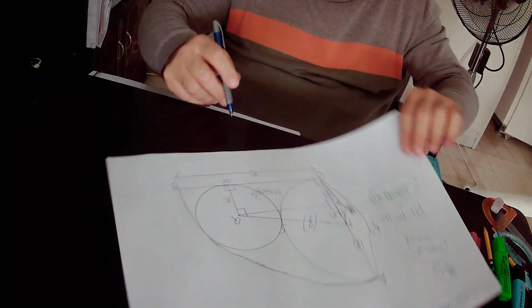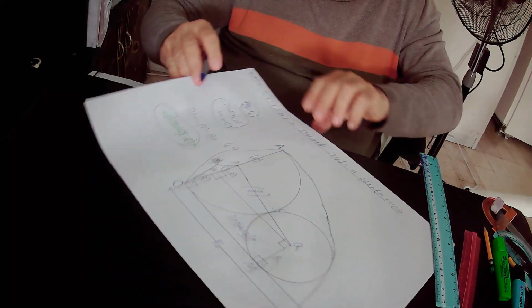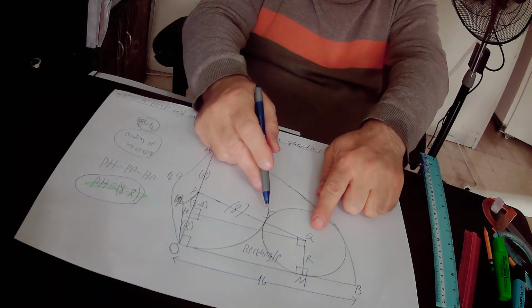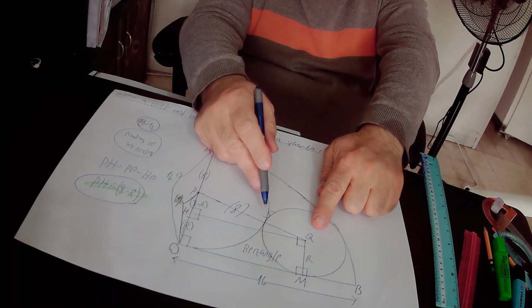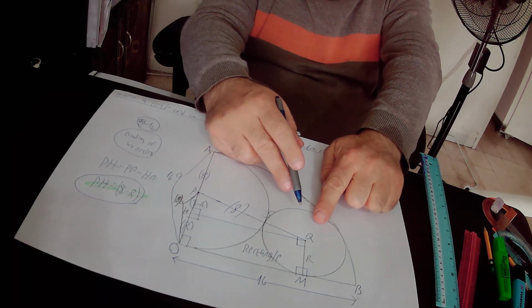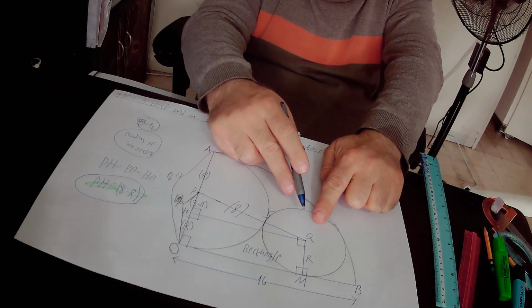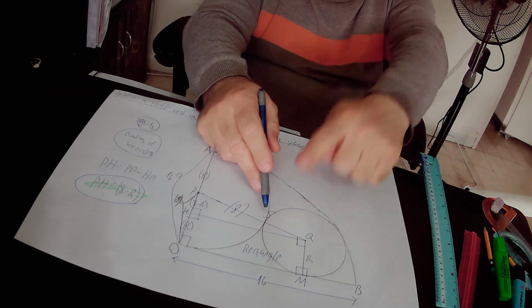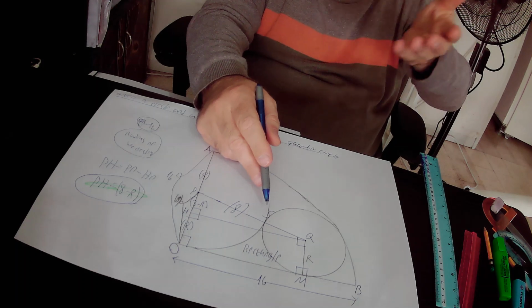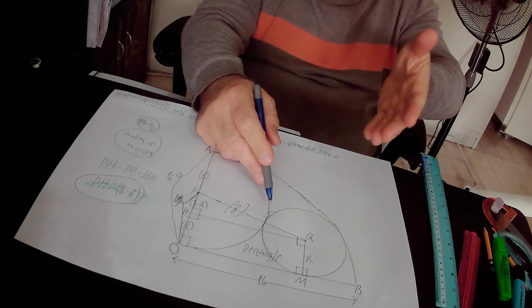And what is the definition of this line segment? Line segment SQ starts from point Q, that is the center of the small circle, and ends at point S, that is a point of the small circle itself. So this is exactly the definition of a radius.